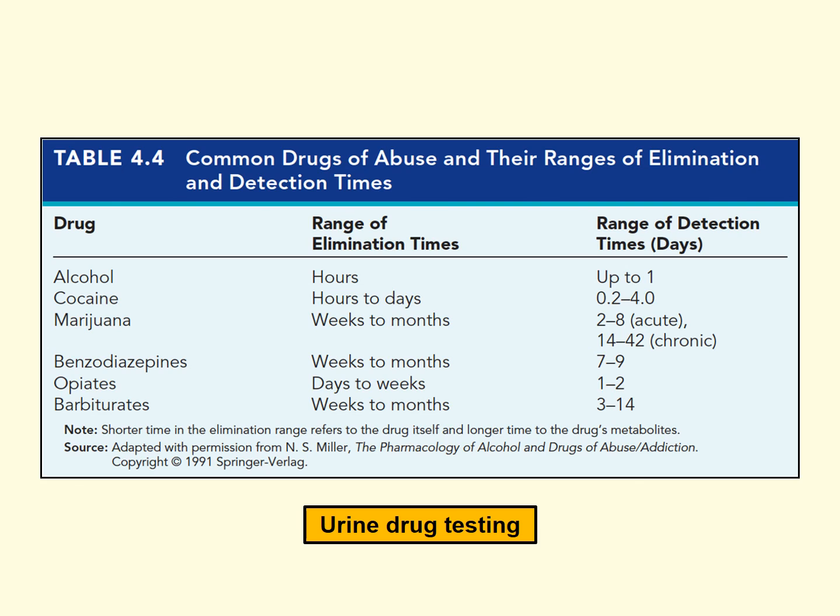So once tetrahydrocannabinol, THC, gets into your body, it will linger in the fatty tissues of your body for a period of time, maybe even days or weeks or months, depending on how much you're using of the drug, where it can be detected, especially if we do something like a hair test where we can detect metabolites of that drug. But you get a sense here, just looking at this table, that there are different rates of elimination and detection for different drugs. And this all has to do with how quickly your body can break down the drug and then break down the actual metabolites or parts of that drug.